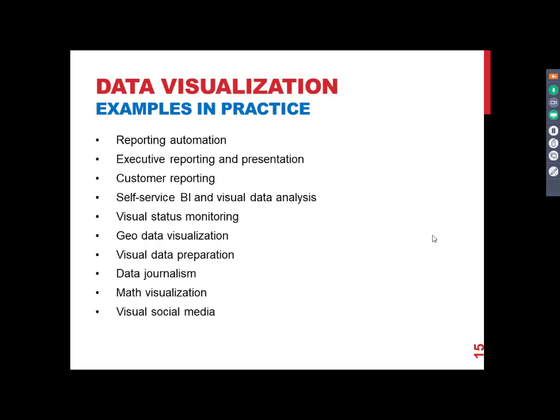Data journalism. This is a particular area of new journalism, and we can see that for a while now, people have been using charts, or analyzing charts, and coming up with stories supported by data. When they tell a story, they have to come up with a data set and charts to support their story.